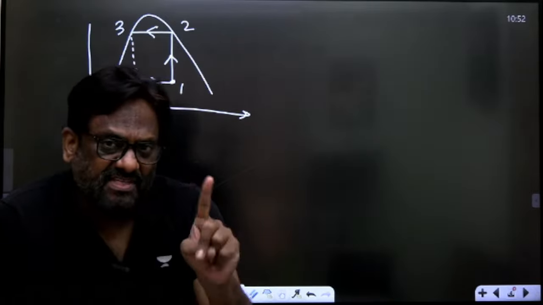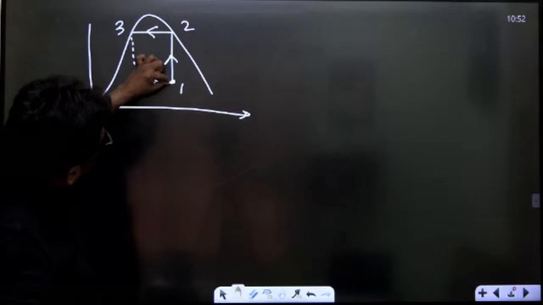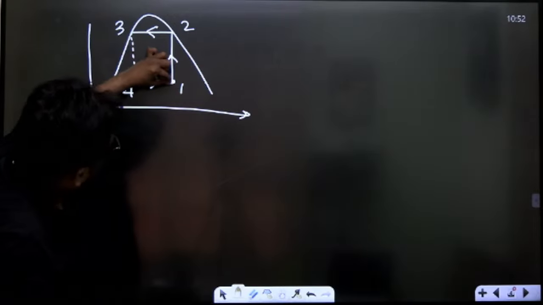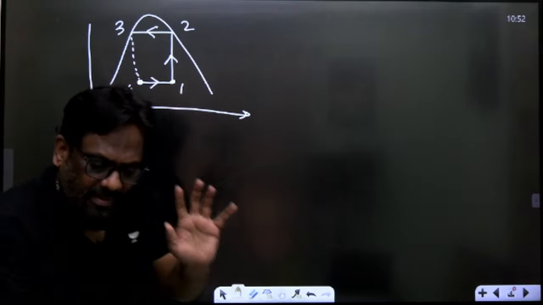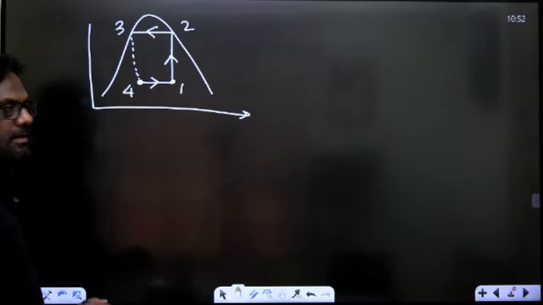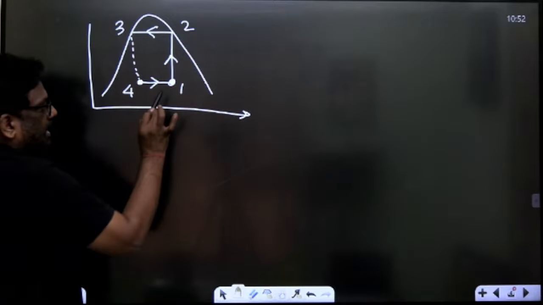For a simple VC cycle, your point 1, which is the inlet to the compressor, should be on the saturated vapor curve. So my point is not here, it is here. Therefore, please note that it is not a simple VC cycle, but this cycle is also possible. Okay, my dear friends, whenever the fluid is in the wet region, listen carefully.